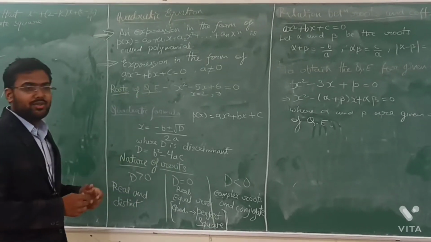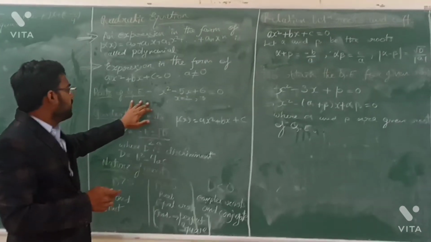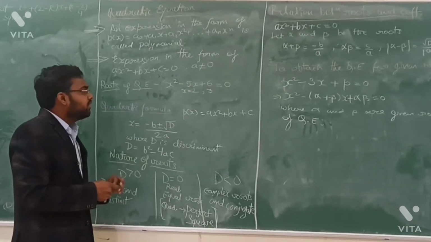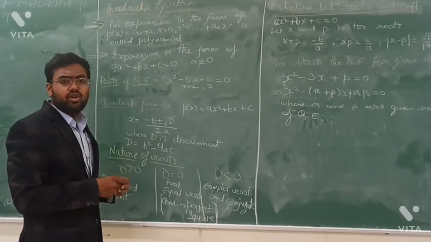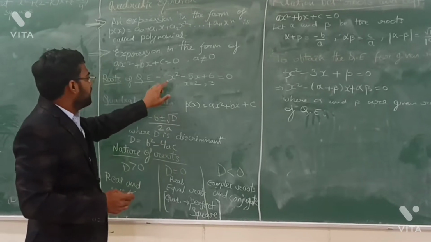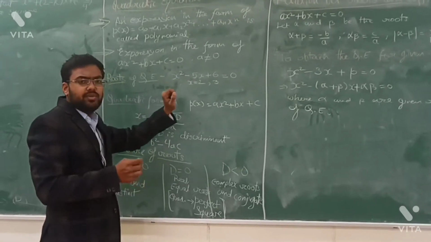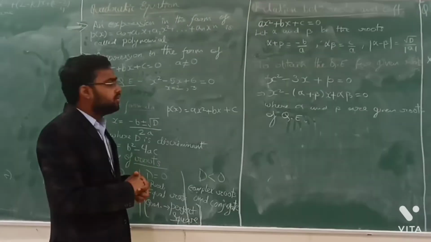Now, the roots of the quadratic equation. Roots are basically the solutions of the quadratic equation. The value of the unknown variable which satisfies our given equation is called the root of the quadratic equation. Example, x² - 5x + 6 = 0 is a given quadratic equation.